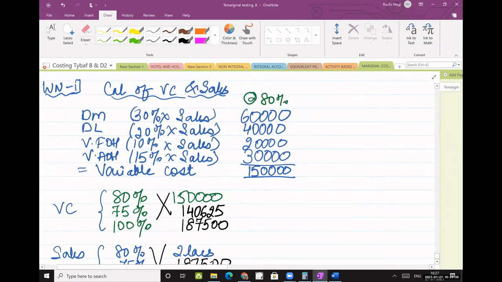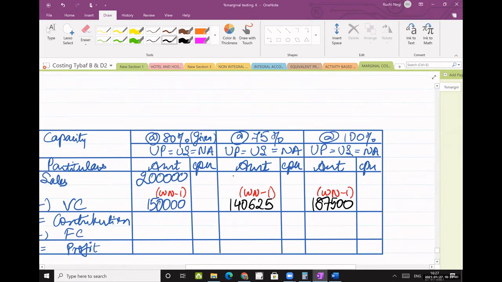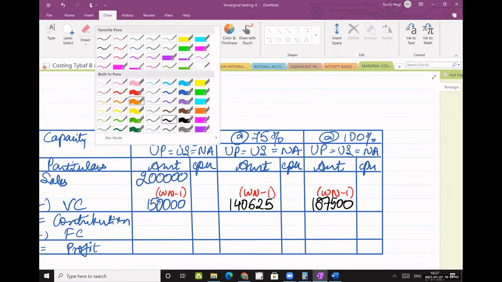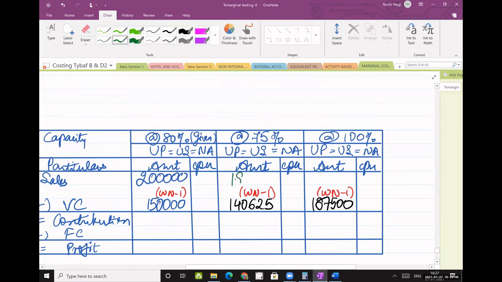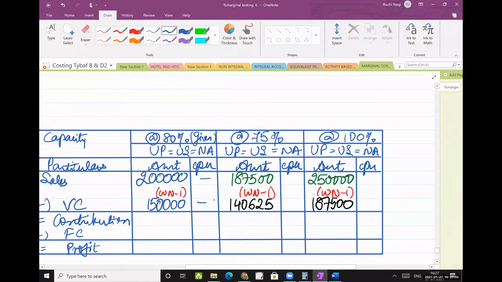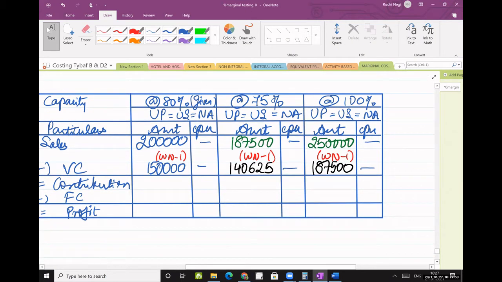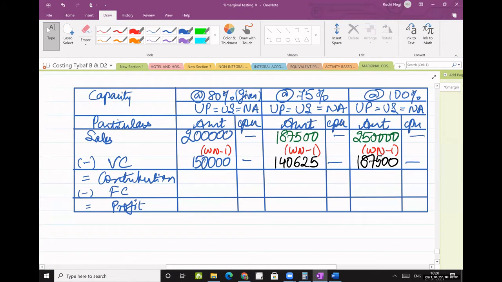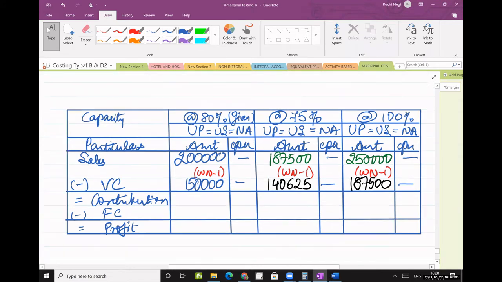So write down 1,87,500 and 2,50,000. This is how you get your sales as well as your variable cost. Everyone understood this?